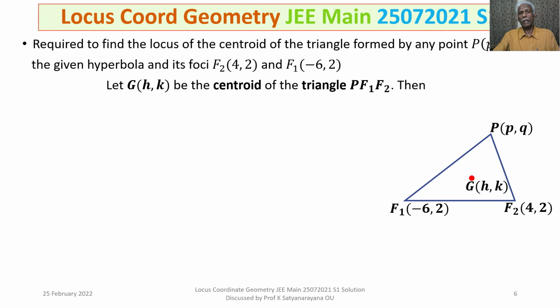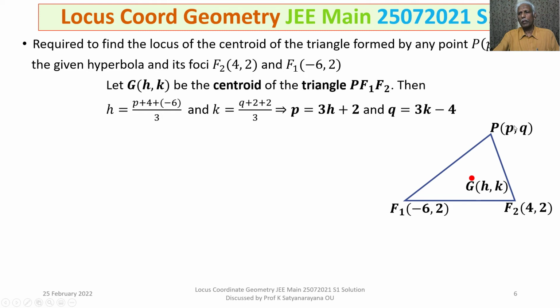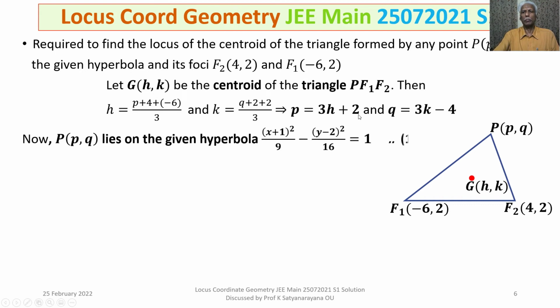We use that formula here. And H is equal to p plus 4 plus minus 6 by 3. Similarly, K is equal to q plus 2 by 3. On simplification, we will get p is equal to 3H plus 2, q is equal to 3K minus 4.